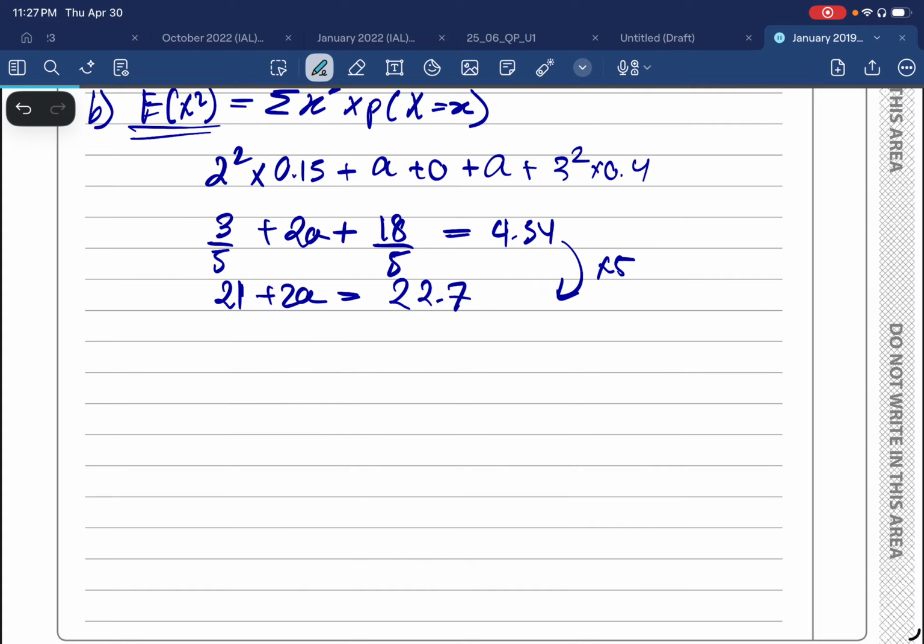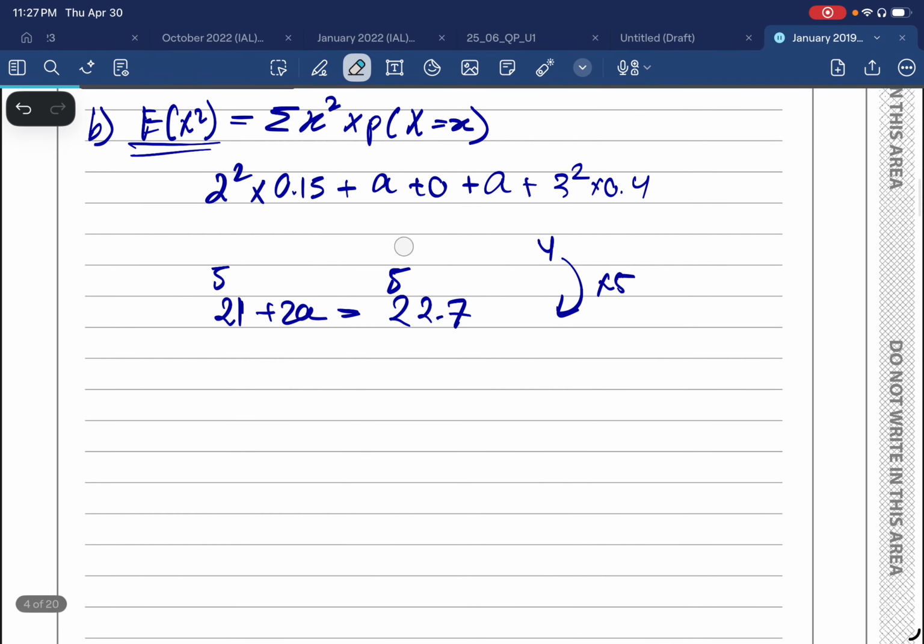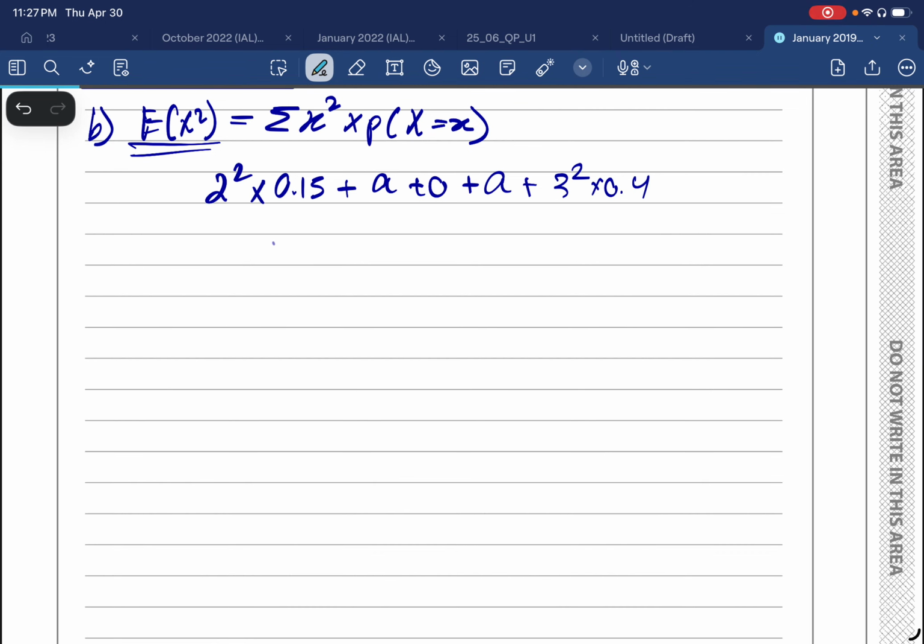So if we divide this by 2, where did I go wrong? Let me go back to this step. I made a little mistake, I guess. 2 squared times 0.15 is 0.6, plus 2a, plus 3 squared times 0.4, which is 3.6.